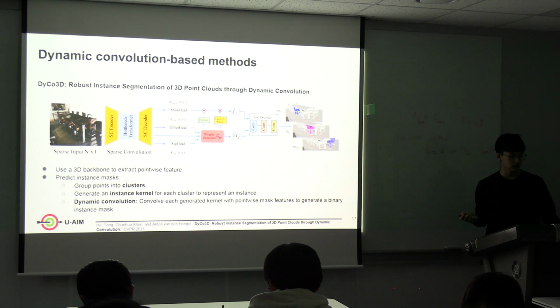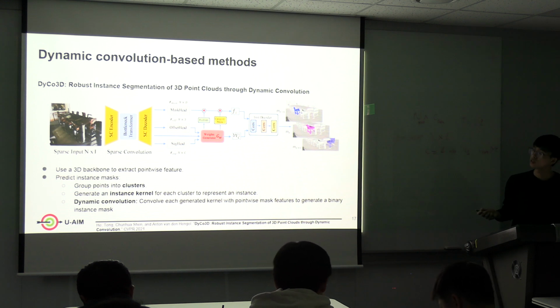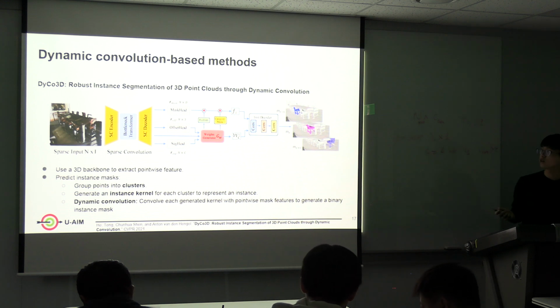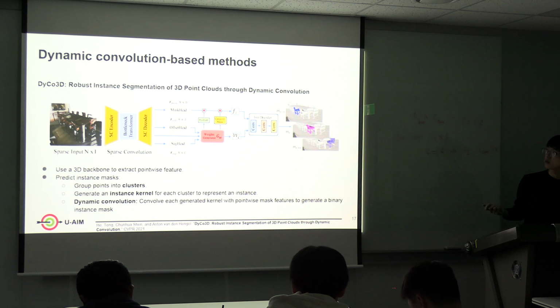So the last method will be the dynamic convolution based method. So what is the dynamic convolution? The dynamic convolution is a convolution that enhances the feature representation.